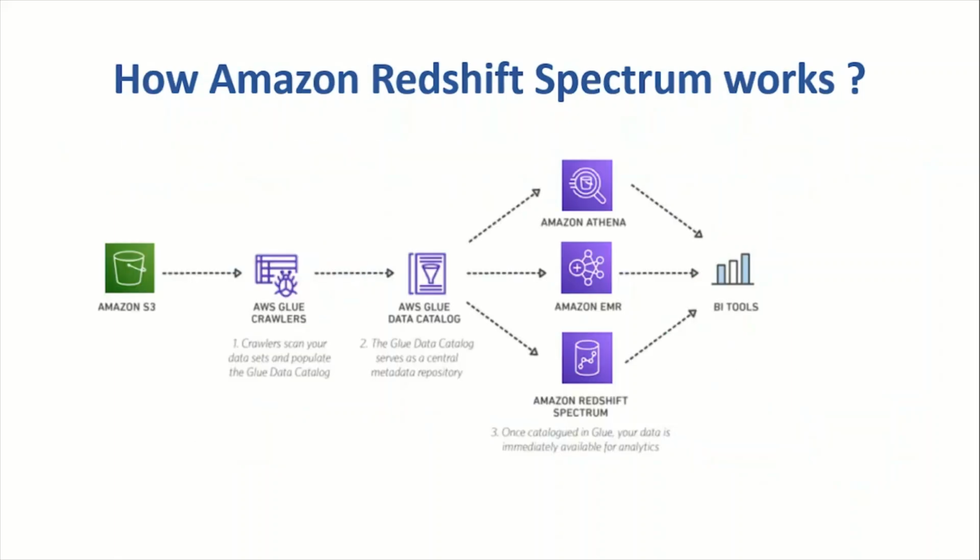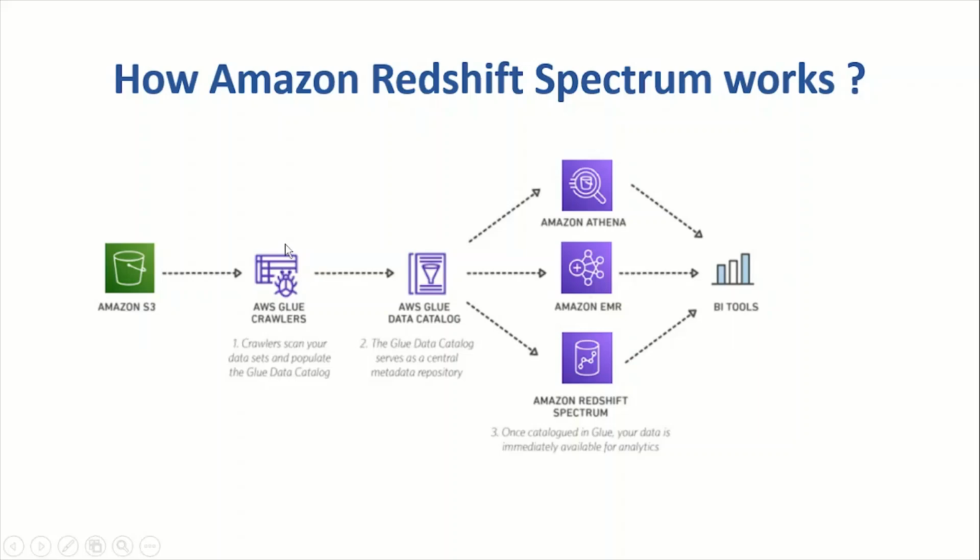Now let's discuss how Redshift Spectrum works with S3. As we can see in the picture, there are additional services. You can see in between S3 and Redshift Spectrum there are a couple of others. Athena and EMR are also mentioned, but don't worry about them at this moment. If you look at this picture, in the middle we find AWS Crawler and AWS Data Catalog.